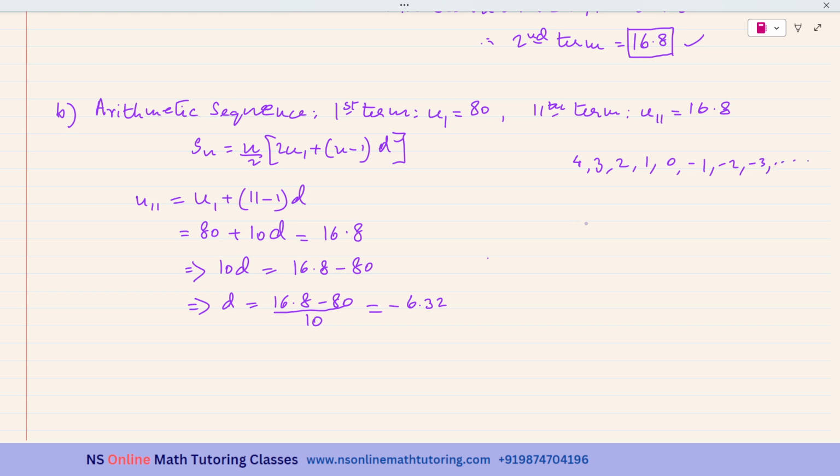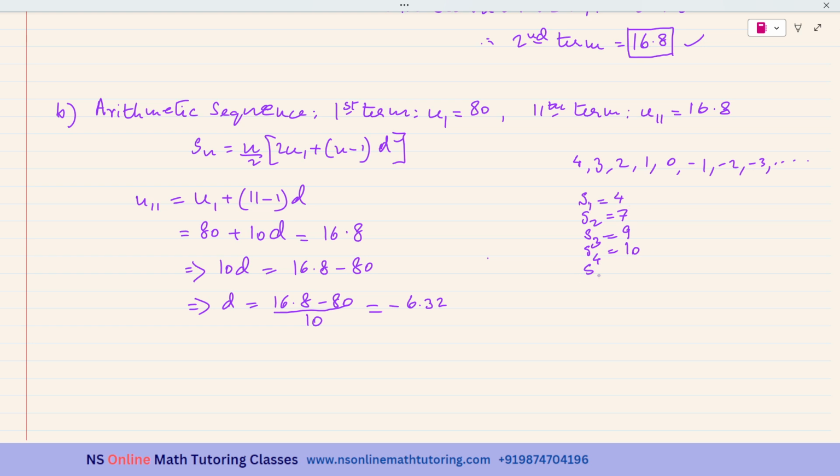Okay. So what is S1? The sum total of the first one term is 4. S2, the sum total of two terms, is 4 plus 3, 7. The sum total is increasing. S3, 4 plus 3 plus 2, 9. S4, 9 plus 1, 10.